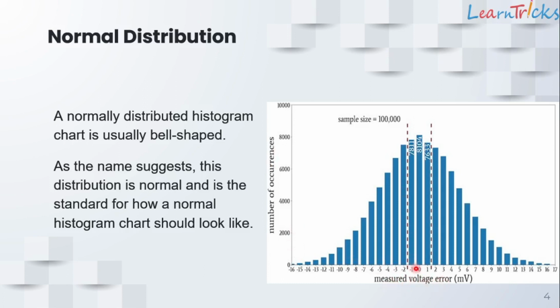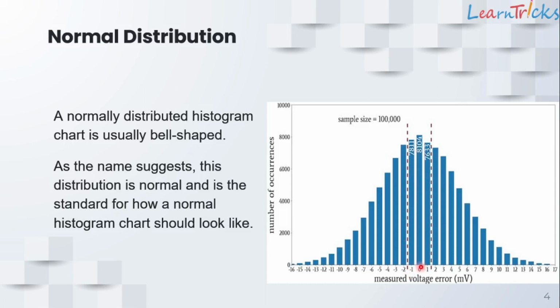on the x-axis, that is 0, 1, 2, 3, 4 on the right hand side, and -1, -2, -3 on the left hand side, and the y-axis shows the number of occurrences, how many times that voltage occurred, and the sample size is 100,000. So from that we can find out the zero error occurred most of the time, that is 8104 times, and the 1 millivolt error occurred 7633 times, while the -1 voltage error occurred 7811 times.